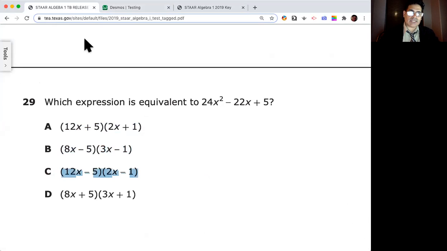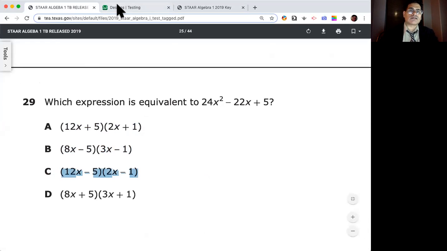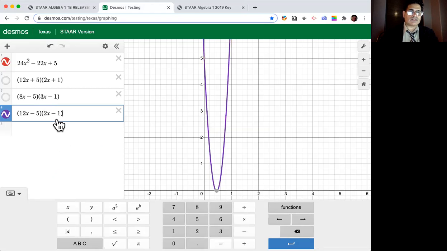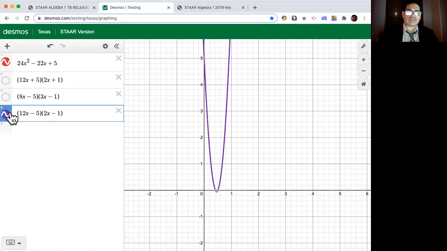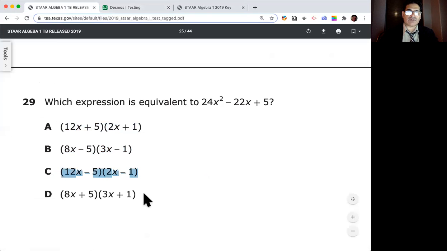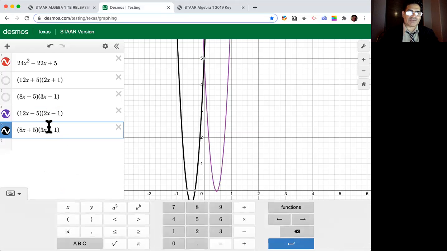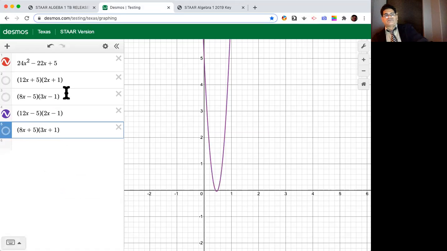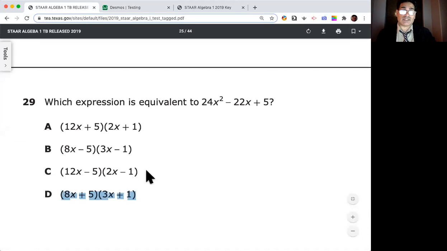12x minus 5. Look at that. Perfect match. Do we need to do the last one? Probably not, but if you want to just make sure, the two of them don't come very close. No cigar. So that would be C, right?